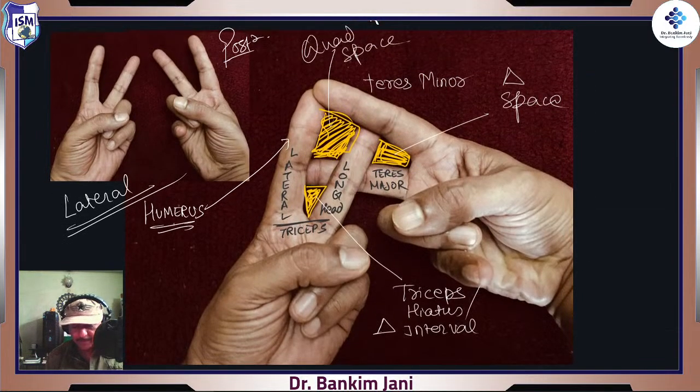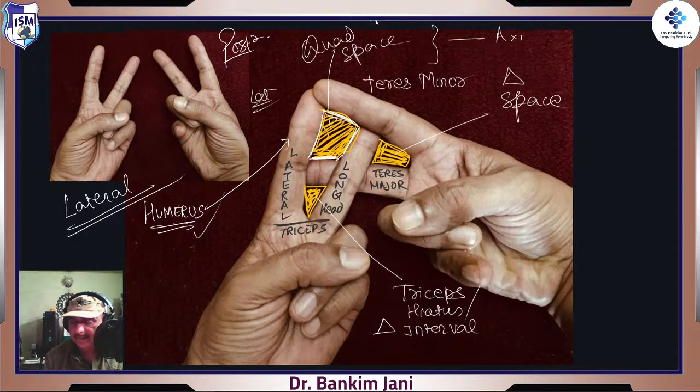See over here how easy it is, that this is the lateral side. So we'll say lateral side is formed by humerus. Yes, done. Medial side is formed by long head of triceps. Yes, that is done. Then inferior, right? Inferior surface is formed by teres major and superior is formed by the teres minor. All these four areas done. What would be passing through it?